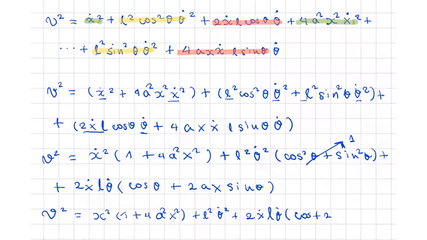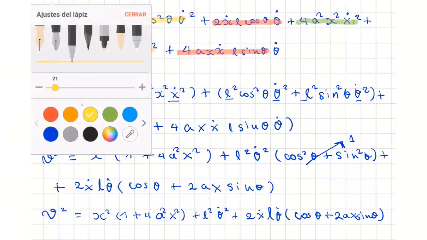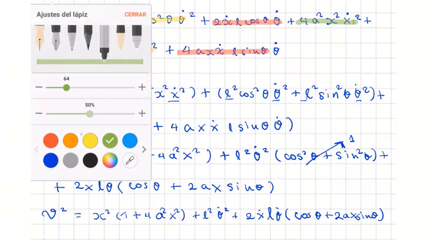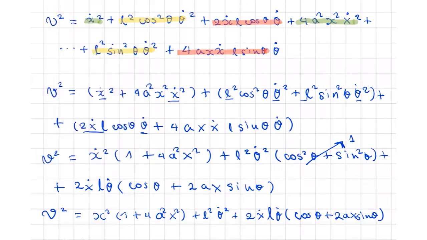Oh sorry, I missed this theta dot here. So this is the velocity squared, guys. All right, so I'm going to highlight it with yellow.